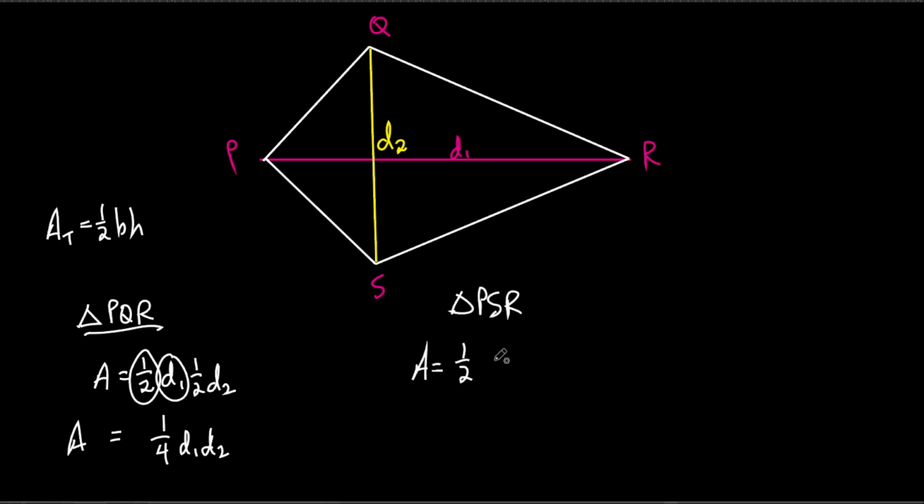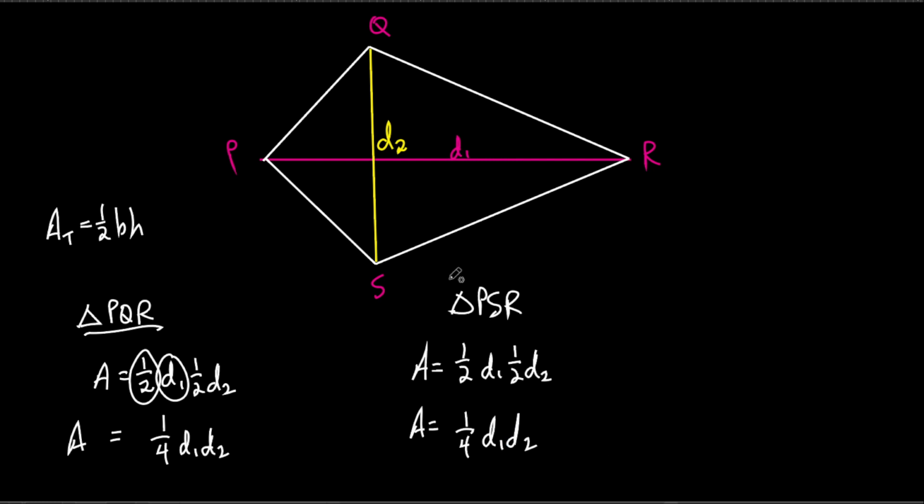Well, it's 1/2 the base times the height. What's the base of this bottom triangle? D1. What's the height of that bottom triangle? It's half of D2. So that looks very similar, if not exactly like that. Would you agree? So it's 1/4 D1, D2.